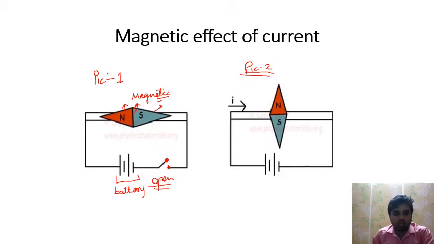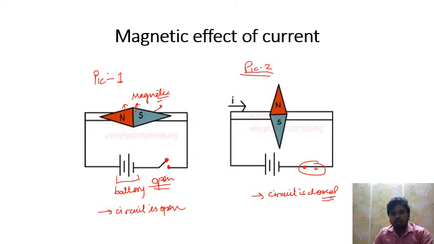So in picture 1 you can see the circuit is open. Now tell me what you can see in circuit 2. Here we can see it is closed, so we can say the circuit is closed.